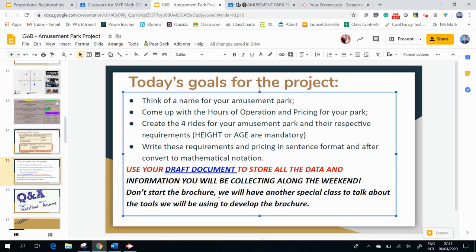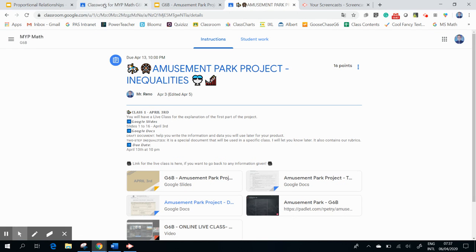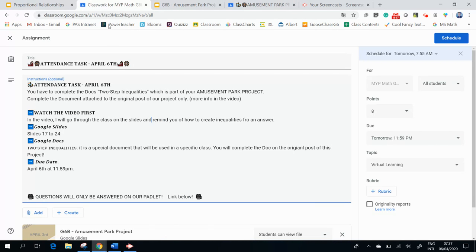Okay, so today your goal is this, which is also your attendance task for April 6th. You have to complete the docs two-step inequalities, which is part of your amusement park project. Complete the document attached to the original post of our project only.